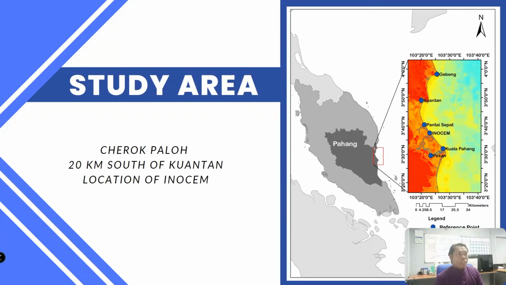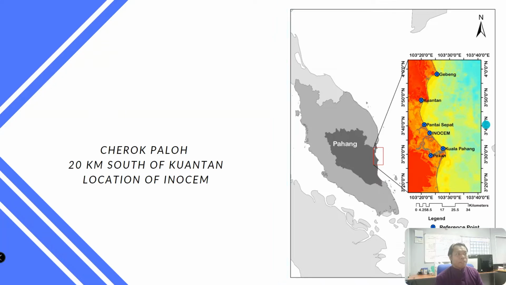The area of focus is located 20 km south of Kuantan, called Cherok Paloh, and the location is also the location for the Institute of Oceanography and Maritime Study, INOS.